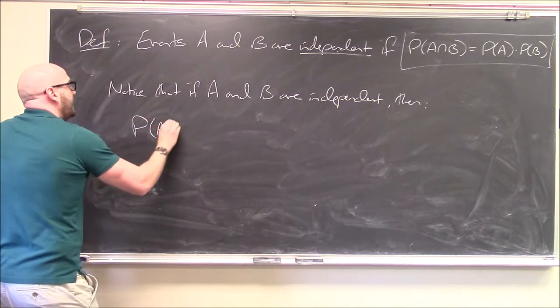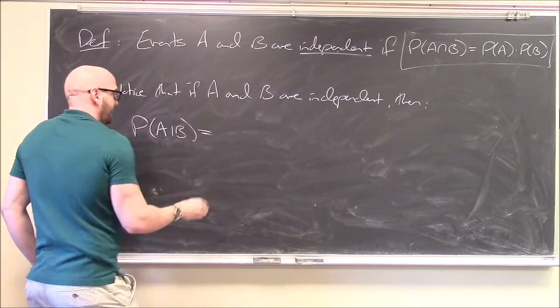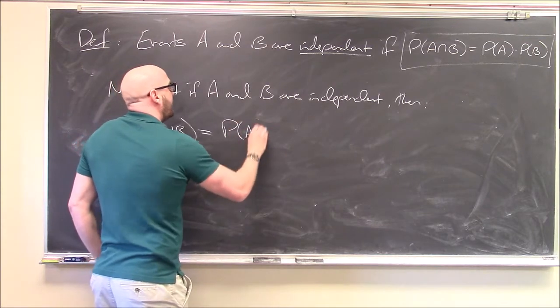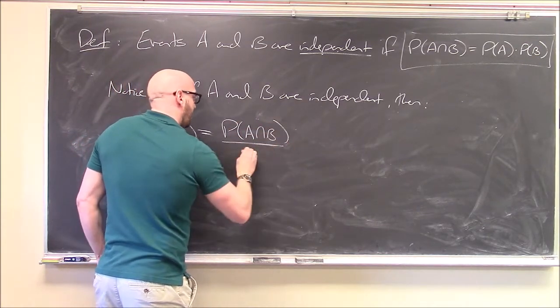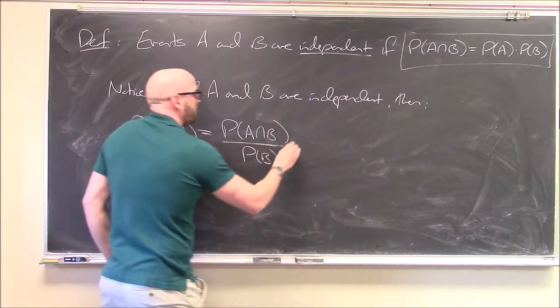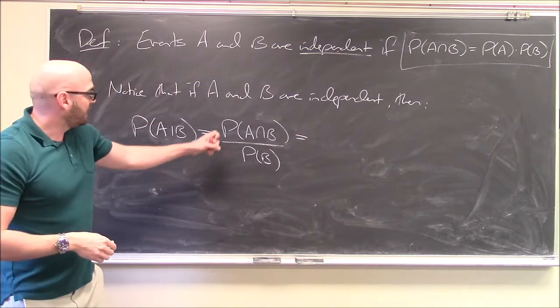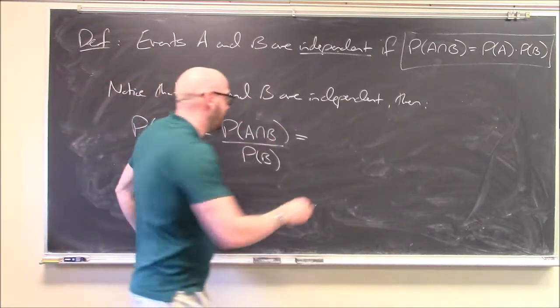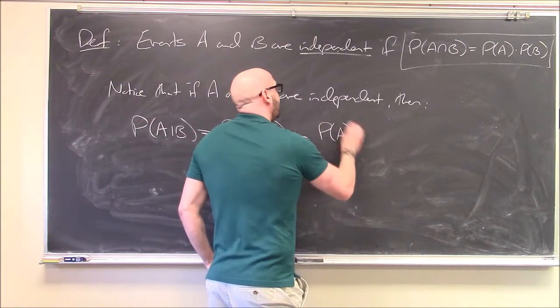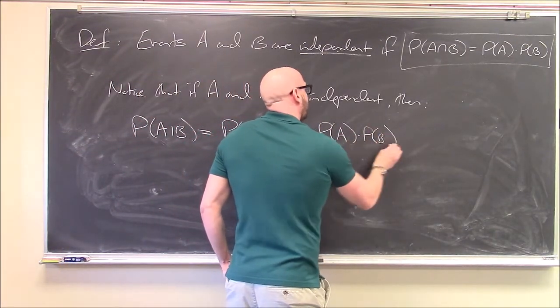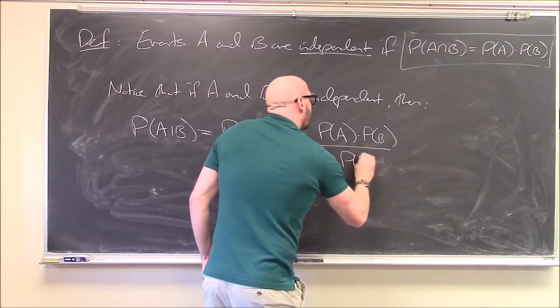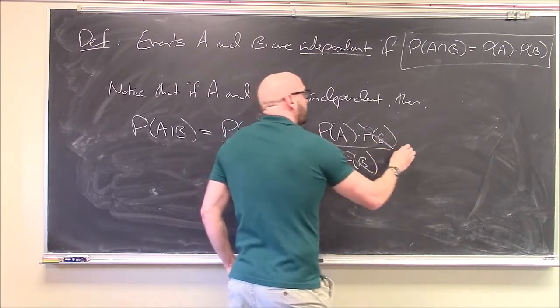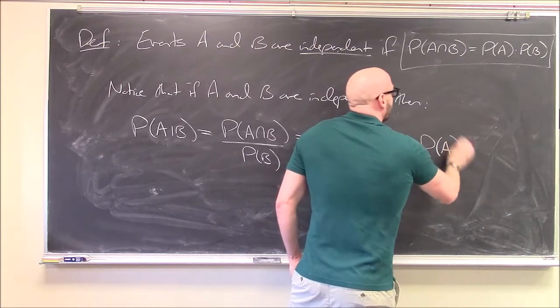The probability of A given B is the probability of A intersect B over the probability of B. And if they're independent, then probability of A and B is just probability of A times probability of B. So this is P of A times P of B over P of B. Those guys cancel, and it's just the probability of A.